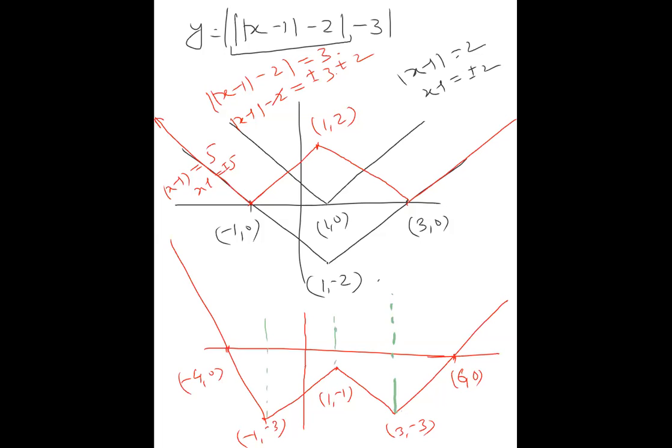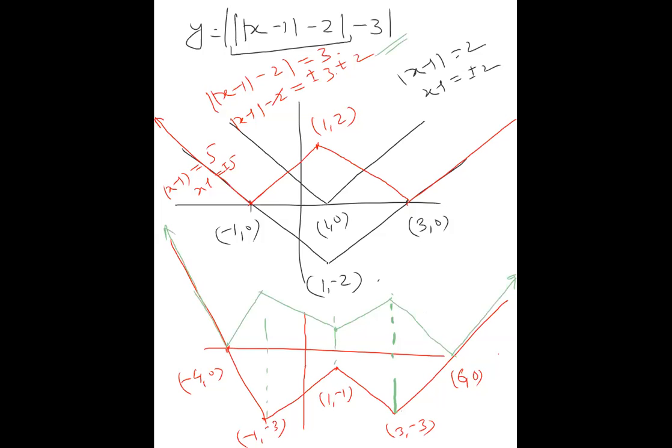So this point I'm getting here, and for greater values, these two are there. So this green one is the graph that we required in this way.